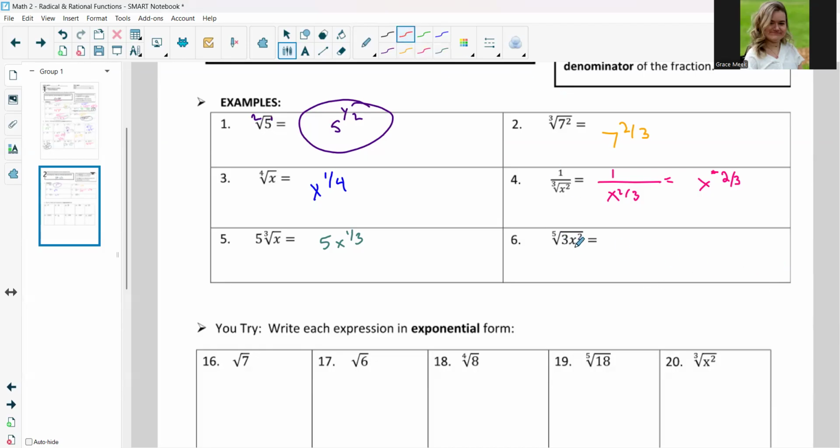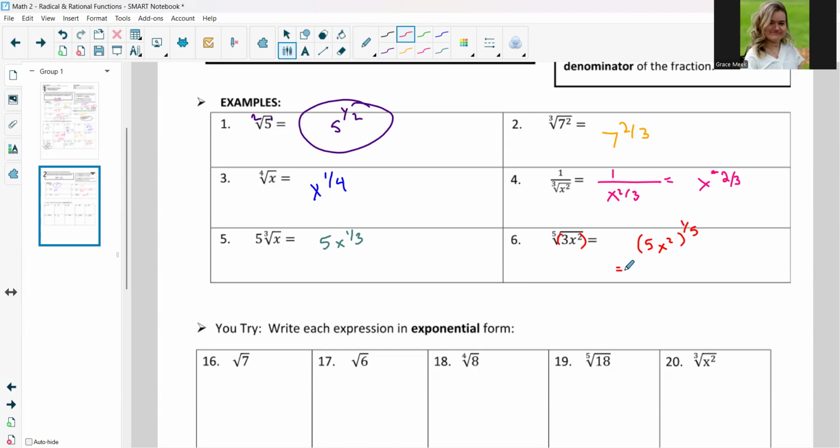And now this time, though, the 3 is being rooted, so we got to be careful how we do this. So the best way I would know to do it is to use parentheses. So we're going to have 5x squared in parentheses, and then we're going to take it. Now, if I were to put brackets like this around it, it would be to the 1/5 power.